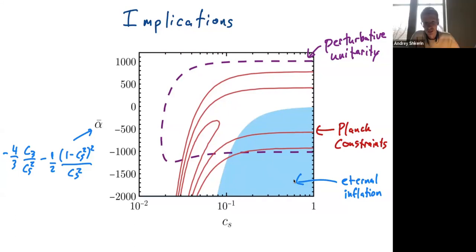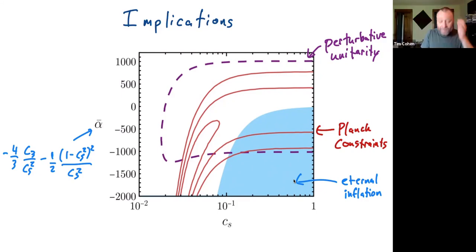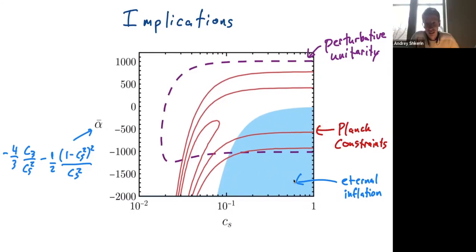Yeah, okay, but then doesn't it mean that this eternal inflation sourced by large non-Gaussianities is ruled out because we don't observe large non-Gaussianities? So that's what this plot is supposed to illustrate. These red contours are the current Planck constraints in this parameter space.